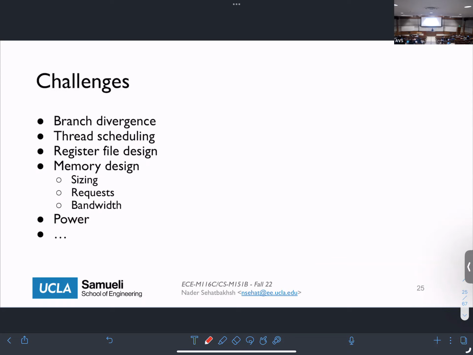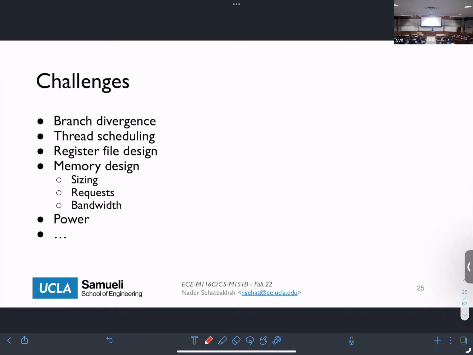The memory design: how do we do the caching? How do we design L1? How do we design L2? What is the bandwidth that we need? All those things are another big problem. And then the power of the GPU is also a big challenge because we are doing lots of things at the same time, so there will be lots of power consumed in GPU systems.